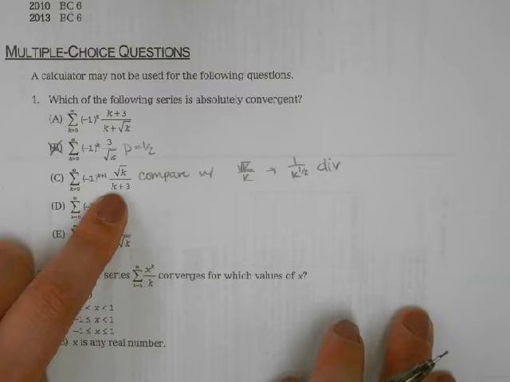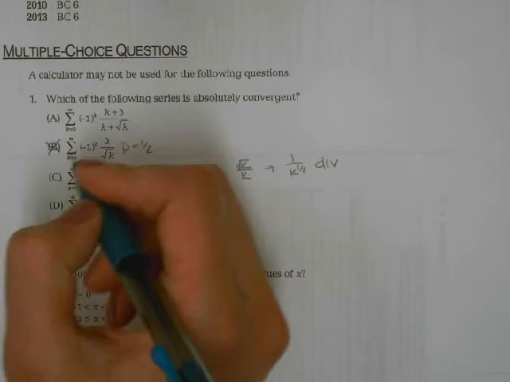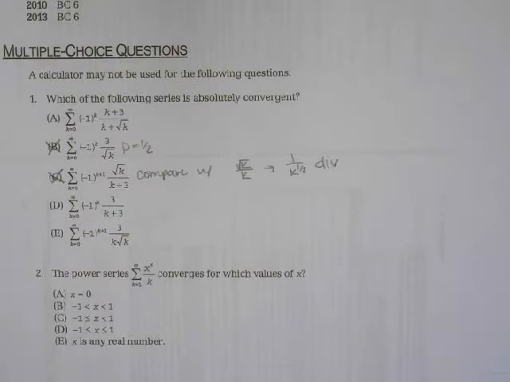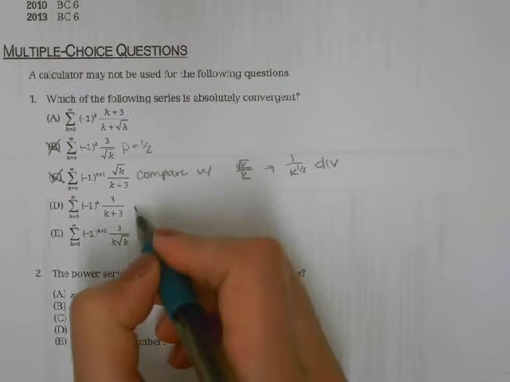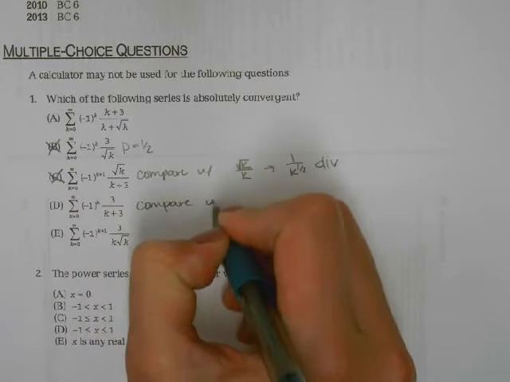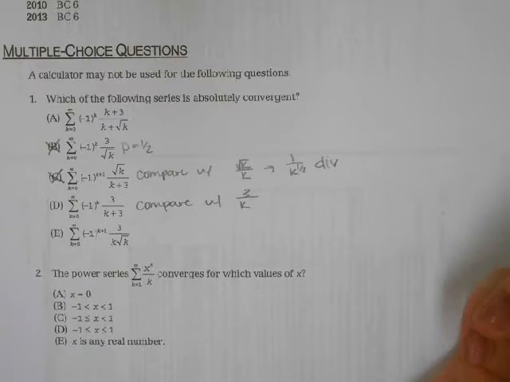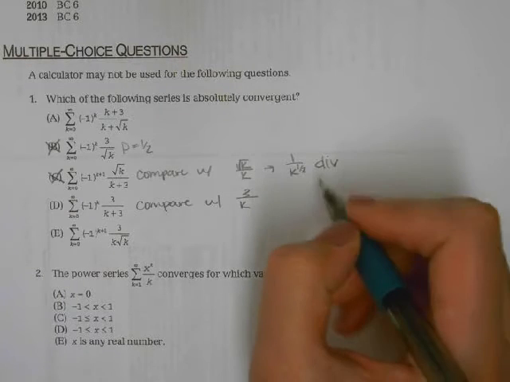You could do direct comparison or limit comparison, but either way it was going to be divergent, so I knew it wasn't C. Looking at this one, I was going to compare it with 3 over k. Again, P series, P equals 1. That's going to be divergent.